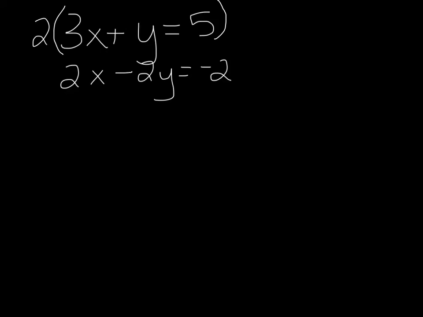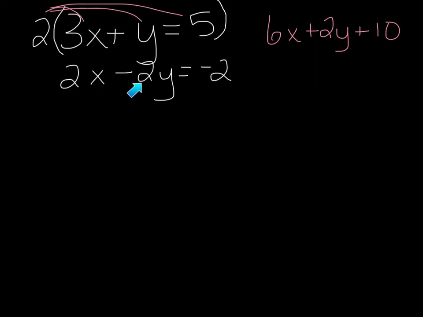When I do that, my new equation is going to be 6x, because 2 times 3x gives me 6x, plus 2 times y gives me 2y, and 2 times 5 gives me 10. Now again, we did this because we wanted to cancel out our y's. The way that they are right now, they're not going to cancel out.